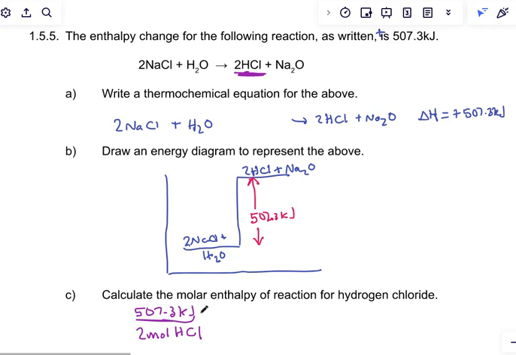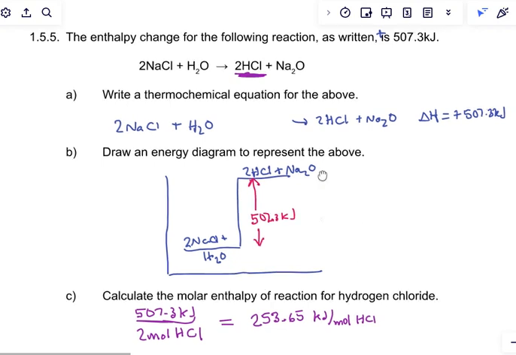And you could stop there, and I often do, in fact. Or, if you want, you can do the math here. 507.3 divided by 2 is 253.65. And if you divide that out, the unit will still be kilojoules per mole of HCl. Either of those does the same job.